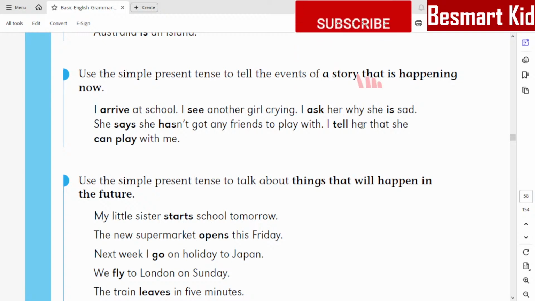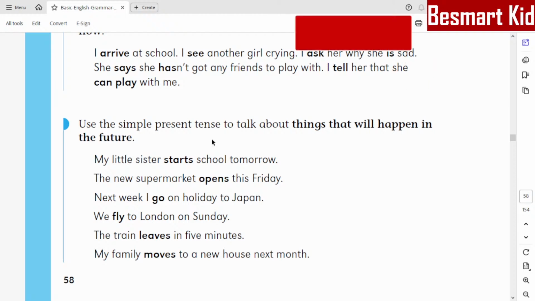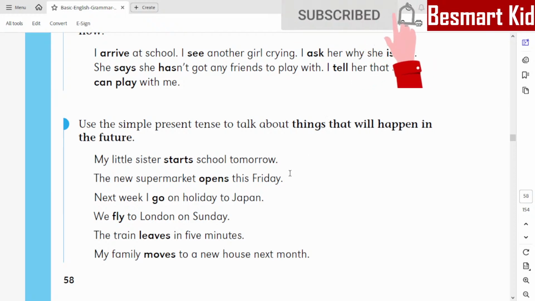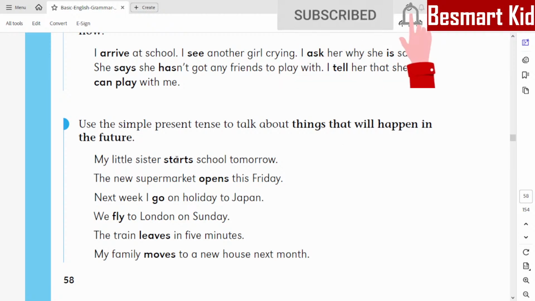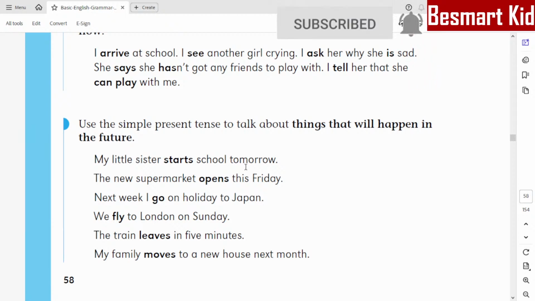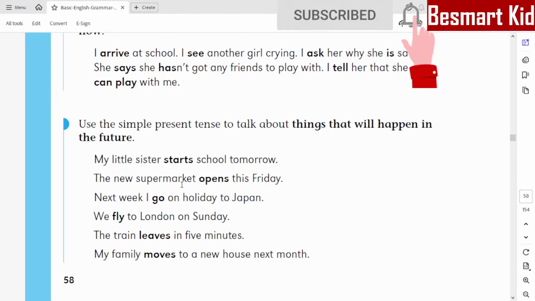Use the simple present tense to talk about things that will happen in the future. My little sister starts school tomorrow. The new supermarket opens this Friday.